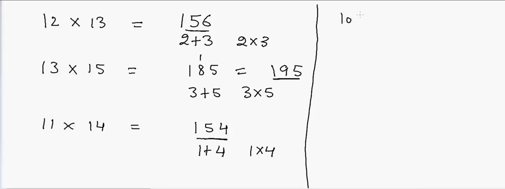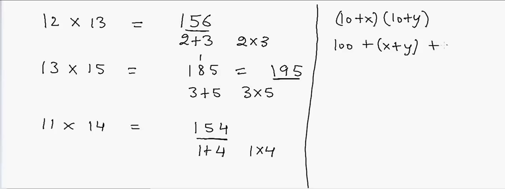So how this trick works, let's take a look into it. If we have 10 plus x and then 10 plus y, so we are taking 10 as a base, and these numbers are close to 10. So in that case, if we solve this, it will be equal to 100 plus 10 times x plus y, plus xy.